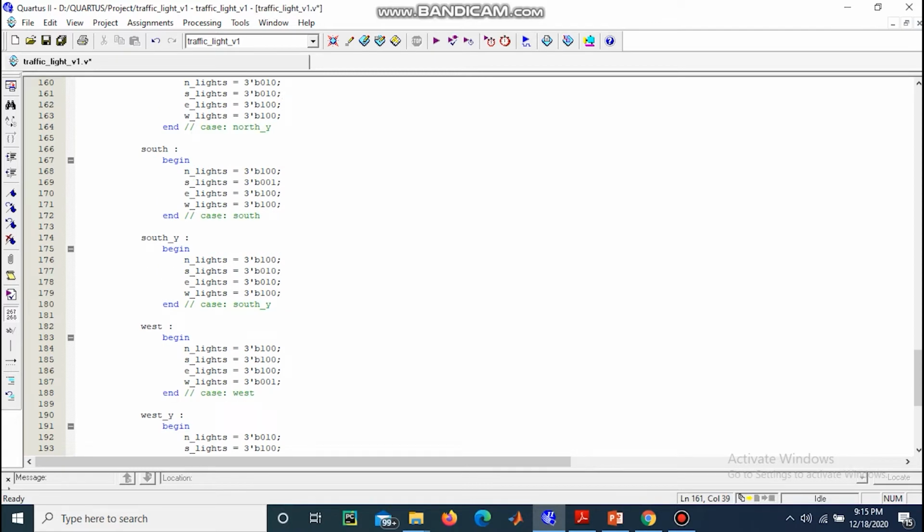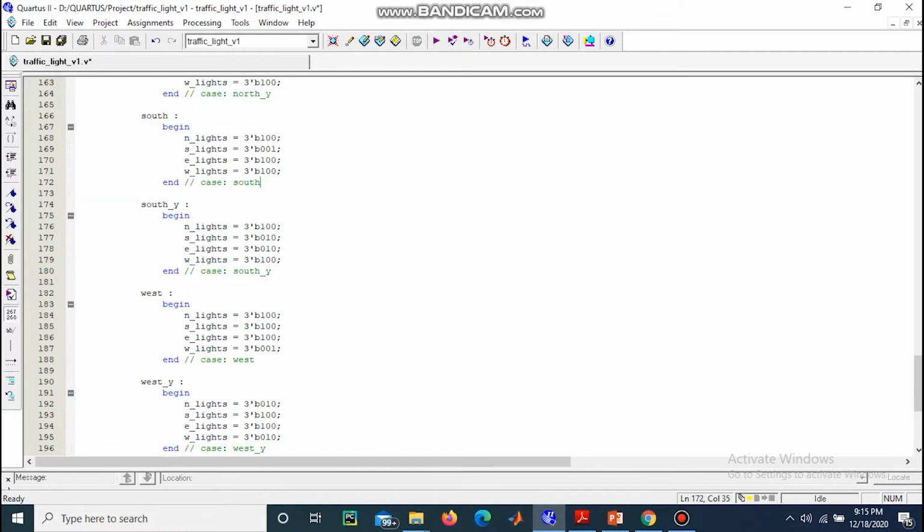As an example, if we look at the south state, in south state, the south lights will be green or binary 001 and other 3 lights will be red or binary 100. For south yellow state, the south light and the east light, which will come next, will be binary 010 or yellow and other 2 lights will be binary 100 or red.